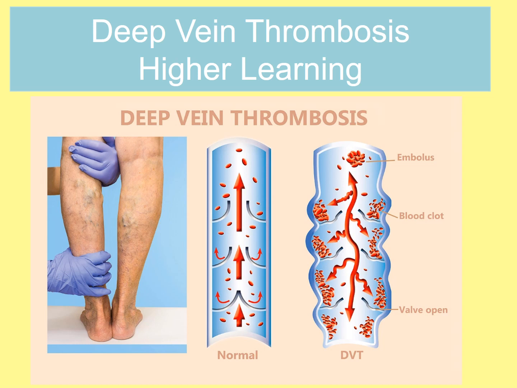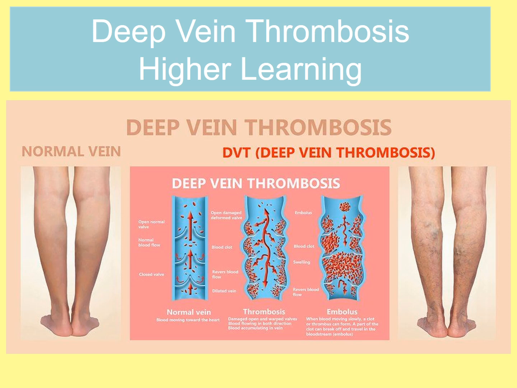In addition, veins close to the surface of the skin can become engorged with blood. Again, you can see that on the picture of the person's legs, that the veins are coming up to the surface of the skin. With deep vein thrombosis, what we are seeing is that these clots, or a thrombus, are starting to accumulate within the valves of the veins that are leading back up from the legs.